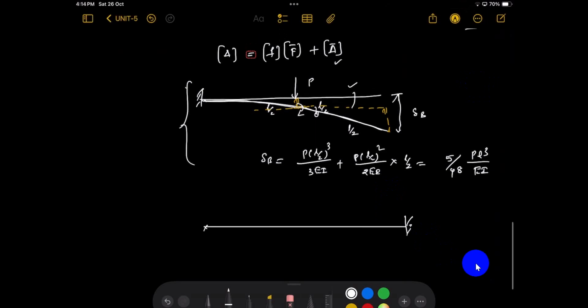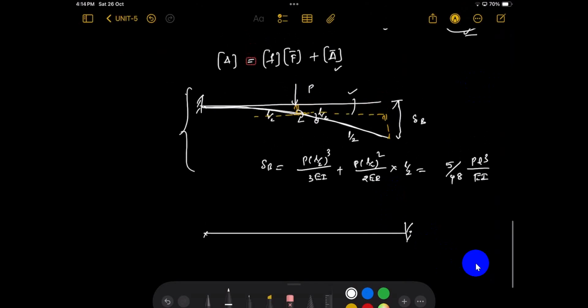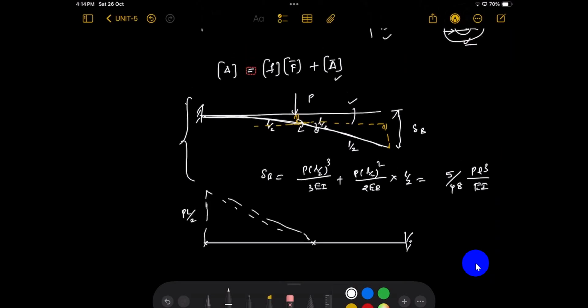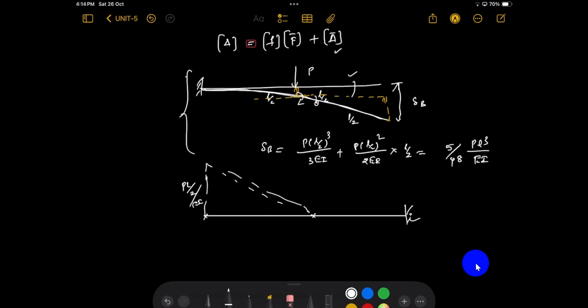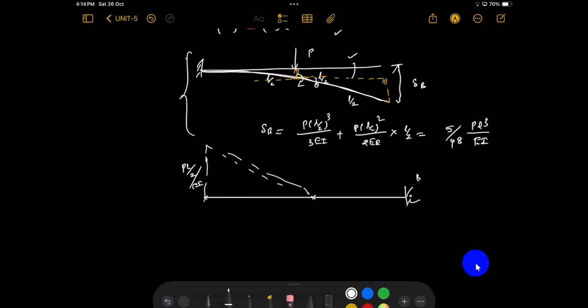Up to this there is no bending moment; it is the bending moment of PL by 2 divided by EI. You want the displacement delta here, so you find the bending moment at that location. That is exactly equal to the displacement. In the conjugate beam, moment is equal to displacement, and shear force is equal to rotation.